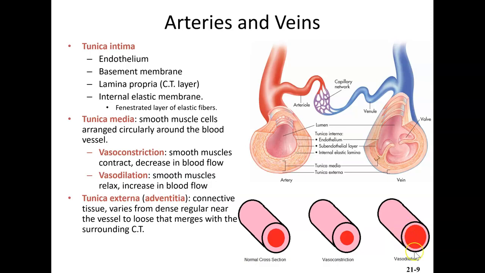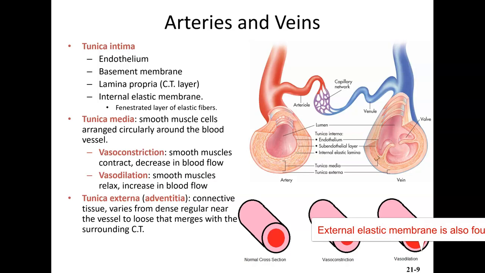And we can also vasodilate, which would increase the diameter of the blood vessel, allowing the smooth muscles to relax while we vasodilate, and also we are going to increase the blood flow when we do this.